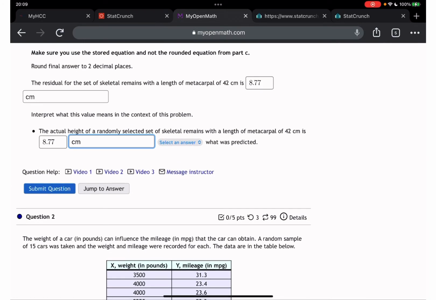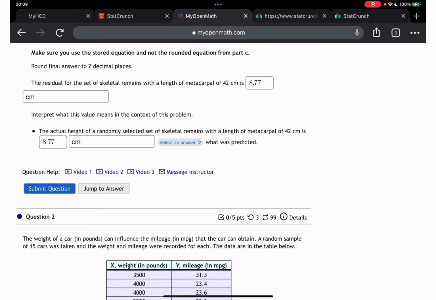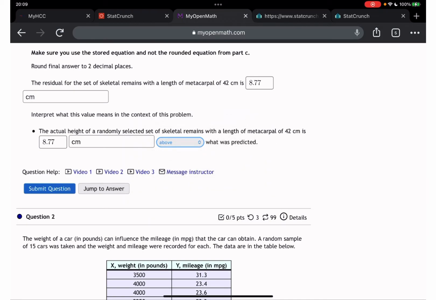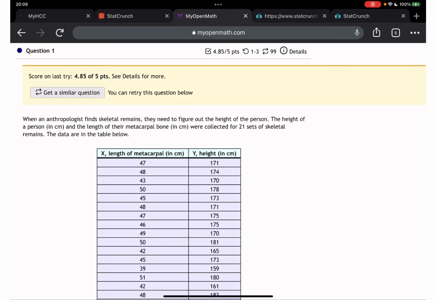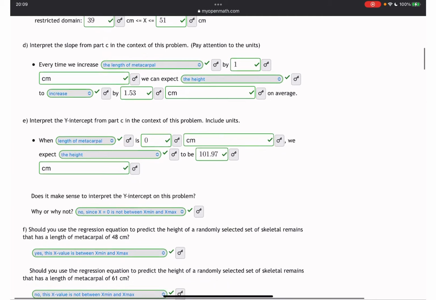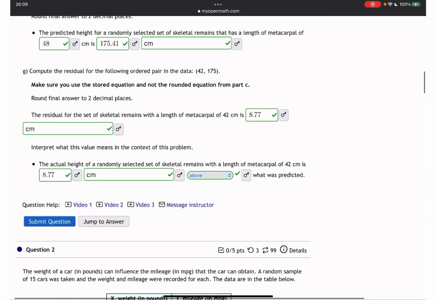If it were negative, remember here we had negative residuals also, then it would be below. But because it's positive, it's going to be above what was predicted. Okay, let me submit the question. Okay, let's check. There we go, we have it.